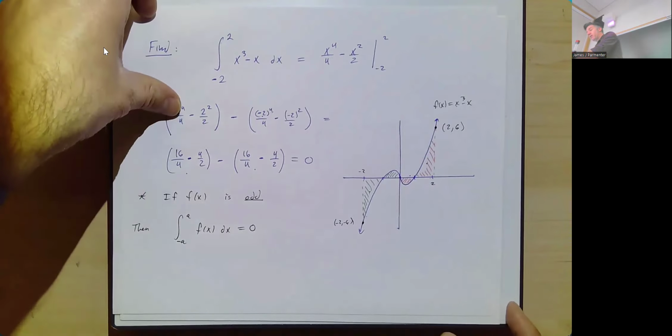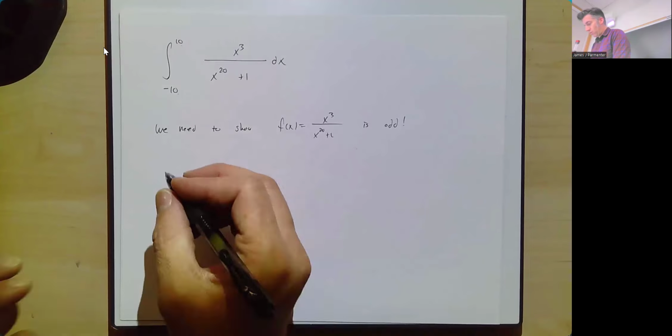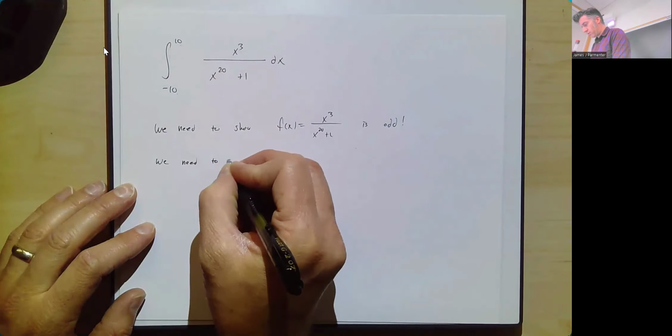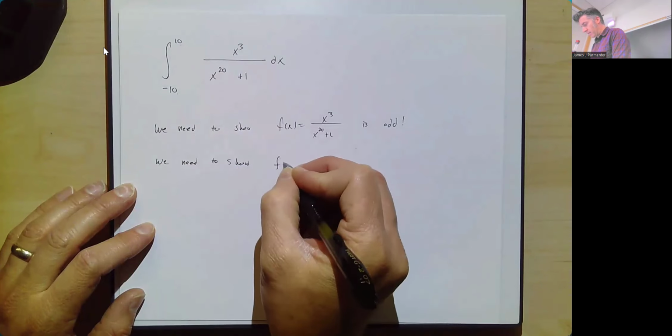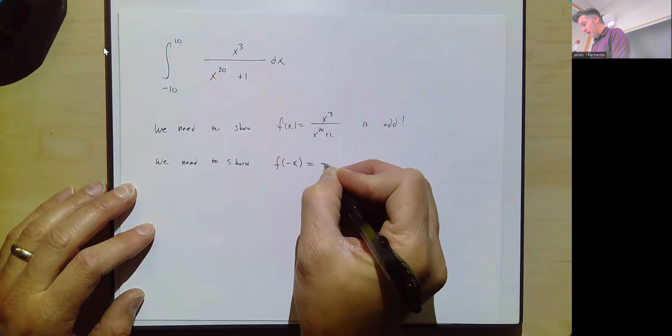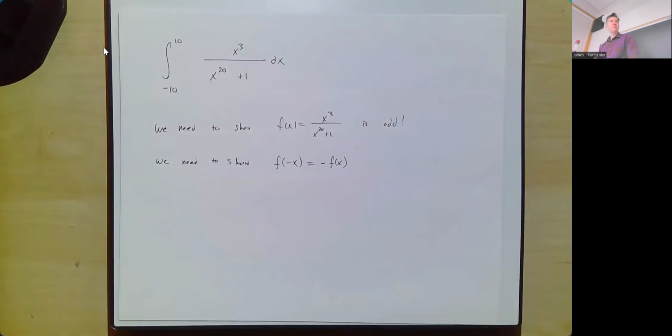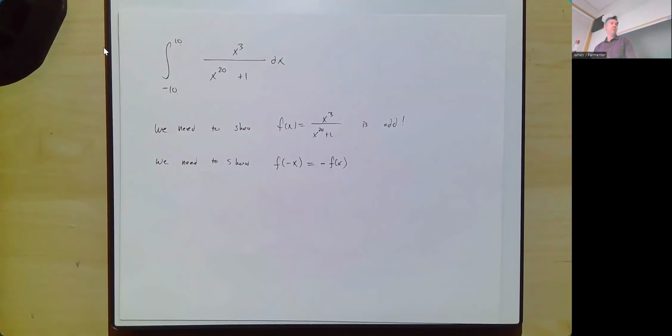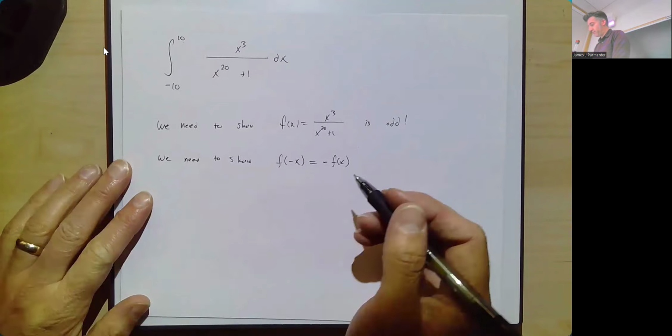So to check that a function is odd, we need to show that f of negative x is equal to negative f of x. That's how you show a function's odd, and that plugging in the opposite x value, you get the opposite y value. So let's do it.